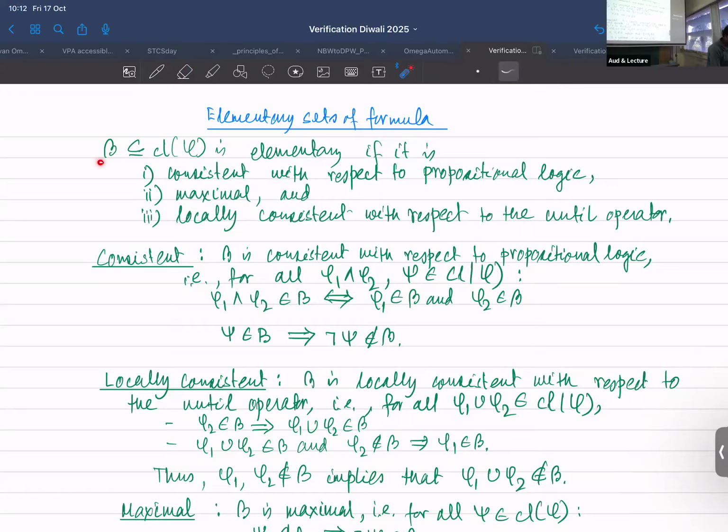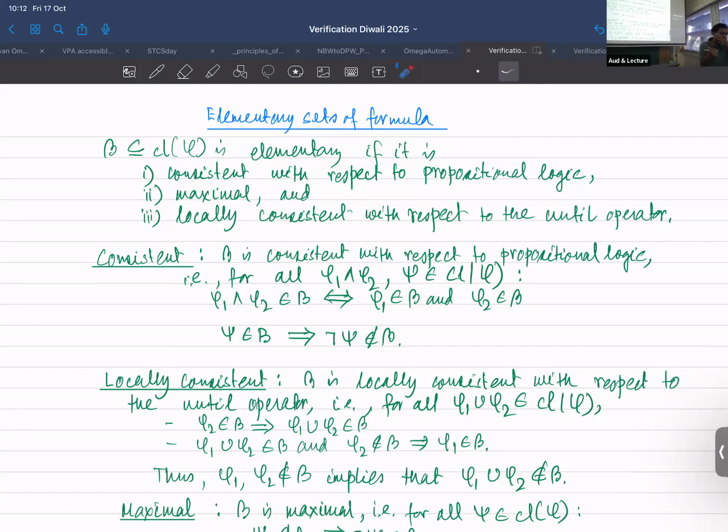We are saying that beta, which is a subset of the closure of the given formula phi, is elementary if it is consistent with respect to propositional logic. You know what propositional logic is, right? So I cannot have, for example, both A and negation of A. That is not consistent.